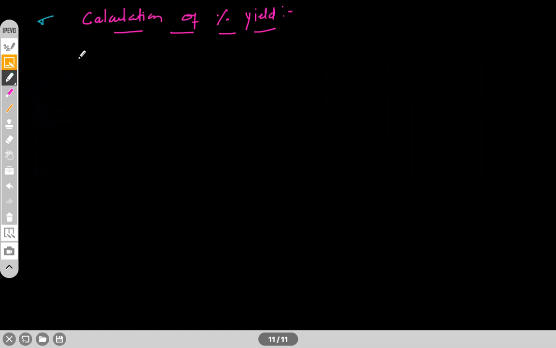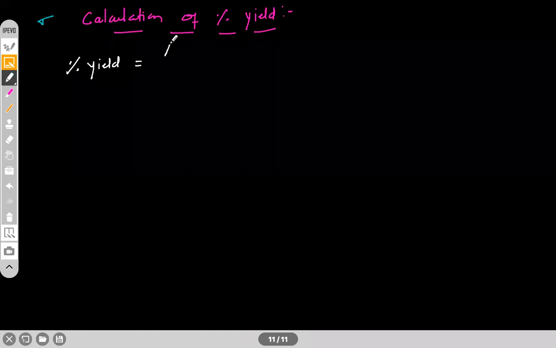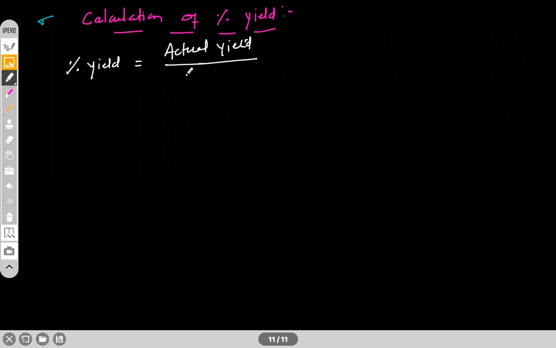The formula of percentage yield is equals to actual yield divided by theoretical yield into 100. This is the percentage yield we have.